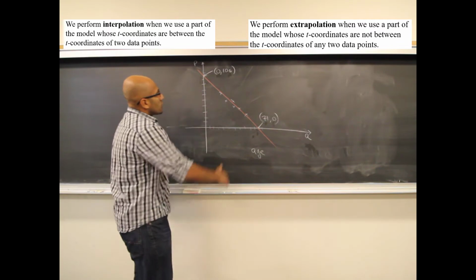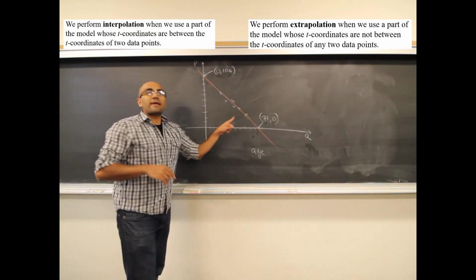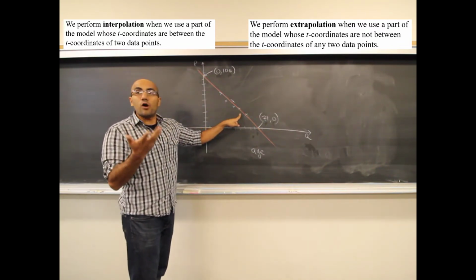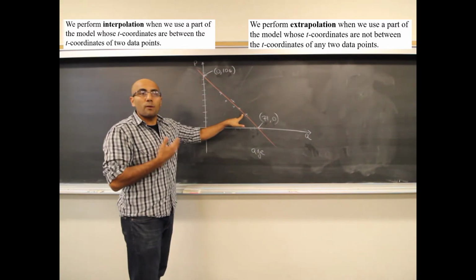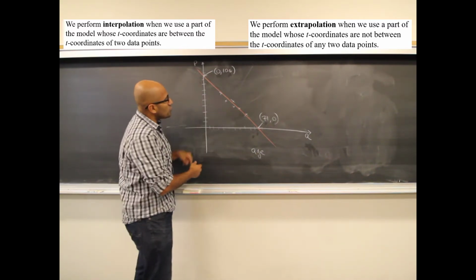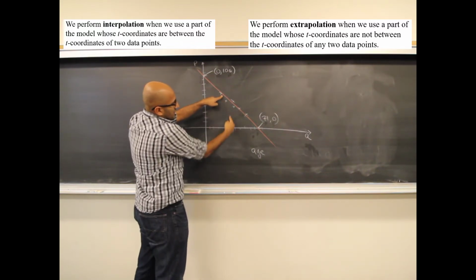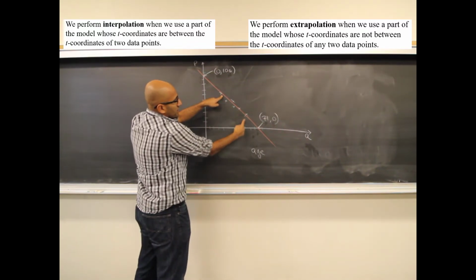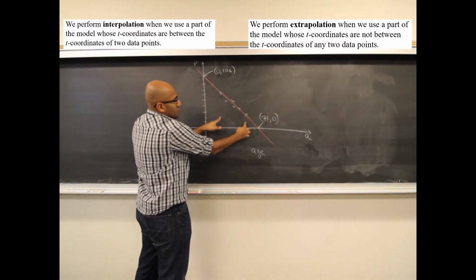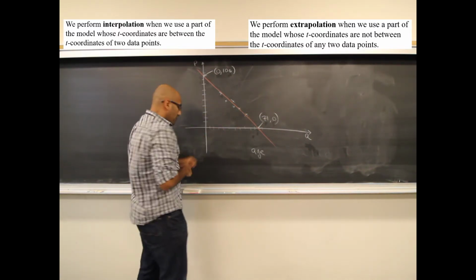What does that mean? So if I use this red line to make a guess about something we don't know, we're using our model to approximate things. If I use my red line here to guess things that come in this region here, then I'm really using values that come between known data points.